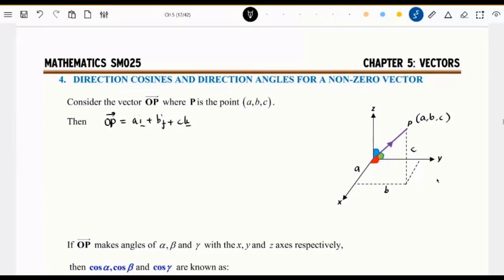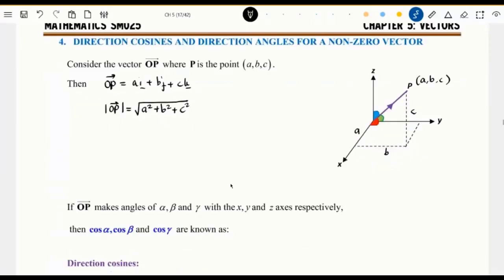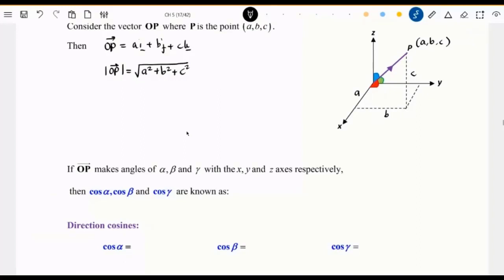Itu position vector kita. And you have the magnitude should be square root of A square plus B square plus C square. So in order to find the direction cosine and direction angle, we will encounter with position vector and magnitude as well. So for direction cosine, dia mesti subject cos.